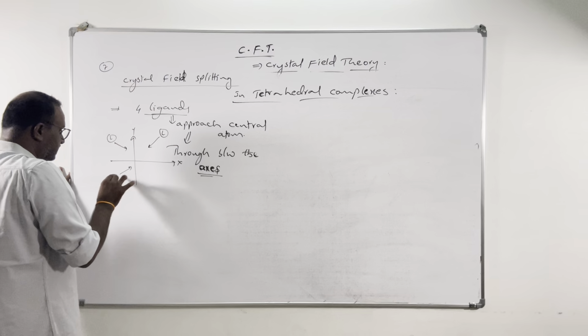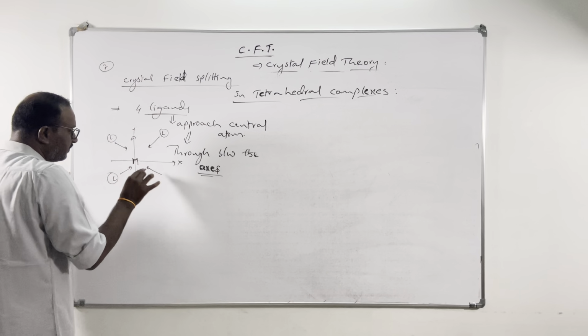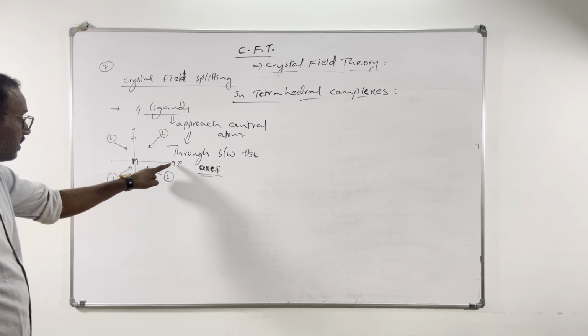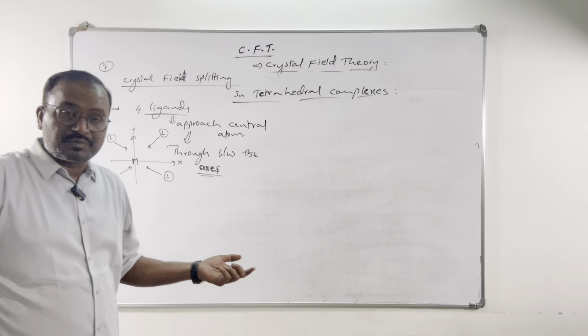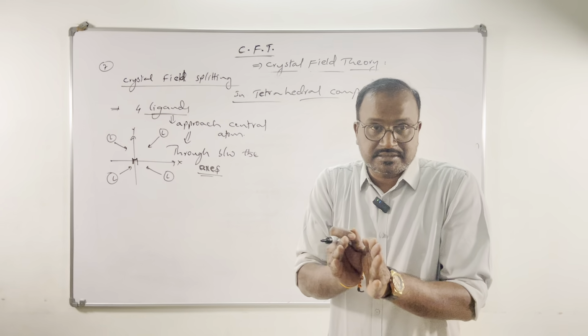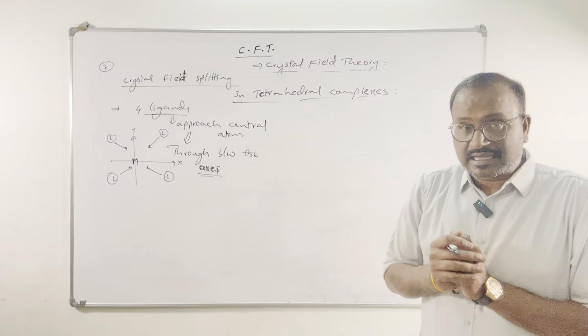Ligands approach like this, between the axes. Suppose this is a metal. Ligands approach between the axes, not along the axis. In octahedral complexes, 6 ligands approach the metal along the axis, but here they are approaching between the axes.